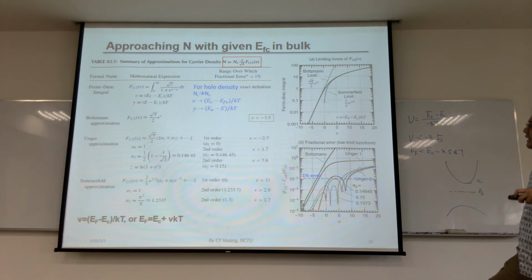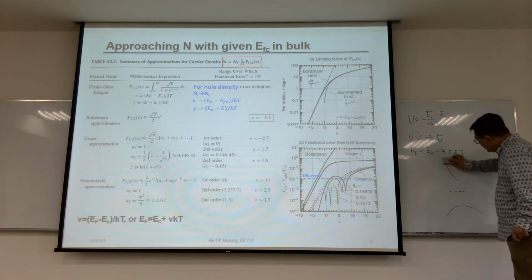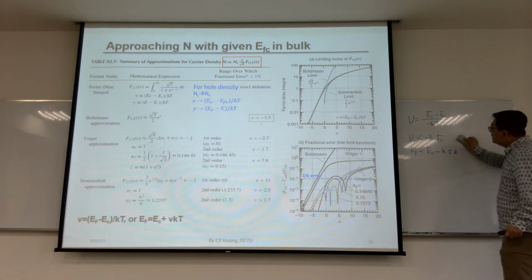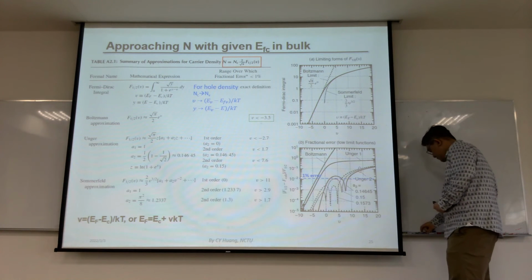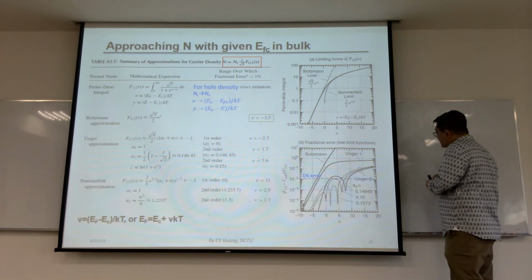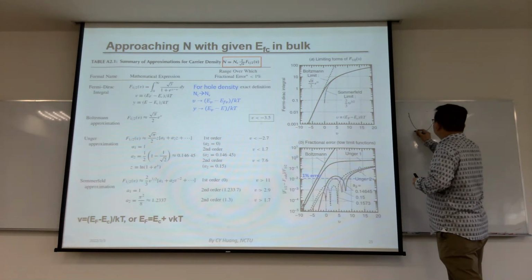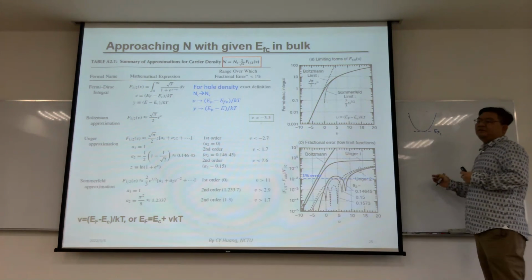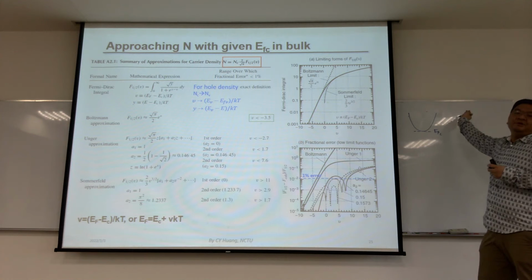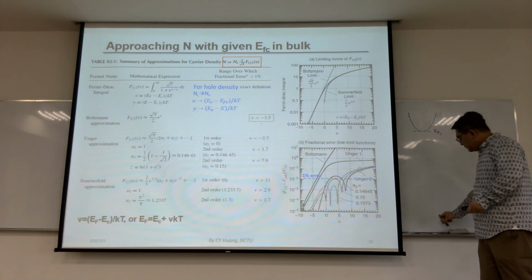For example, if your mu is 0, just like the previous case, if the mu actually just touches the band edge, then that means the mu is 0.